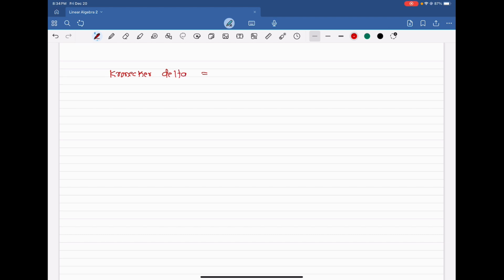The symbol is delta because it is a Kronecker delta. I can call it delta ij, or delta lm, or delta pq.